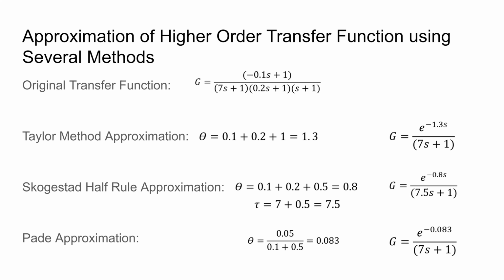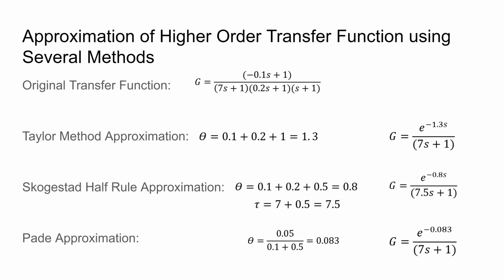To get a slightly more accurate and general approximation for this process, you can use the half rule, which has a very similar beginning to the Taylor method, except in this case, the 1 tau value is divided by 2 and added to both the theta and the remaining tau.